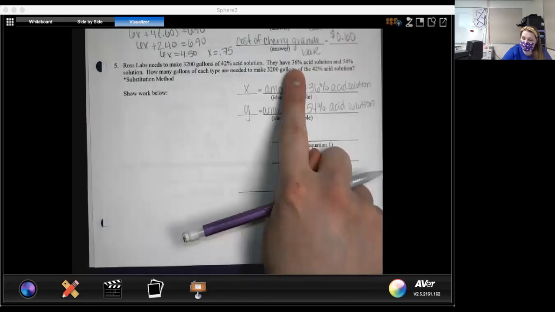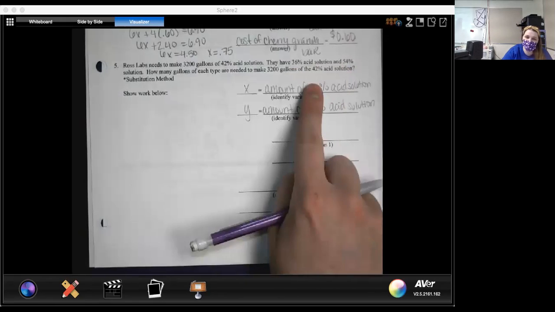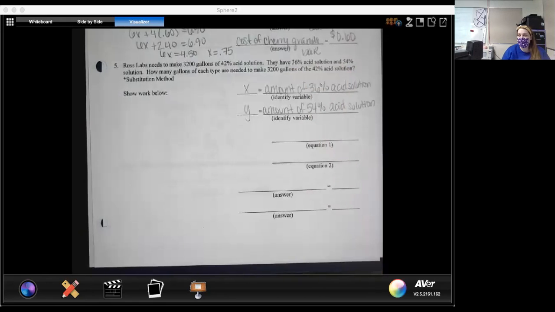They have 36% and they have 54%, so we need to know how much of each of these. The question you're probably thinking is, how do we get to 42? Well, we'll deal with that in the second equation. The first equation is just going to be based on how many gallons we need in general.